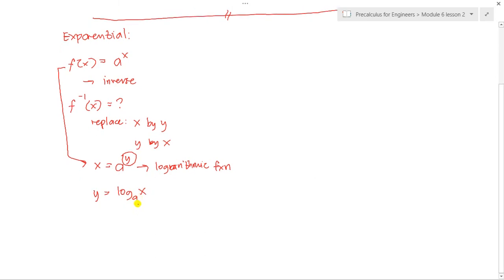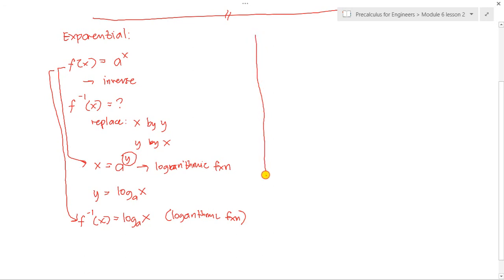Therefore, the inverse, f of negative 1 of x, is just equal to the log of x to the base a. So see, the exponential function's inverse becomes a logarithmic function.